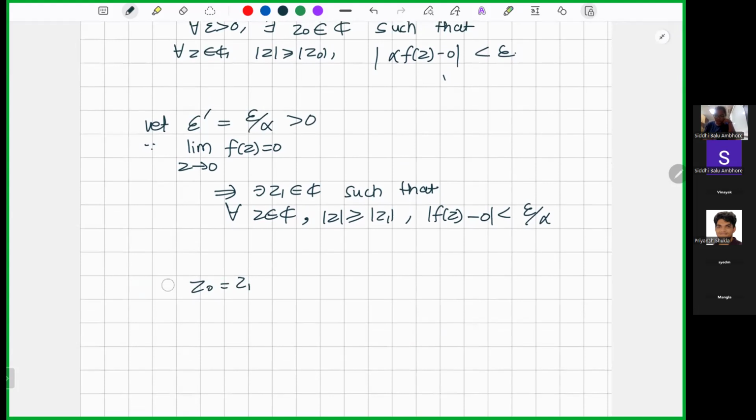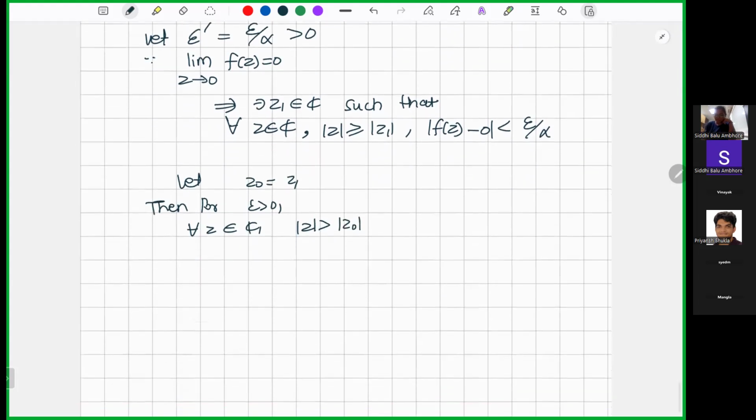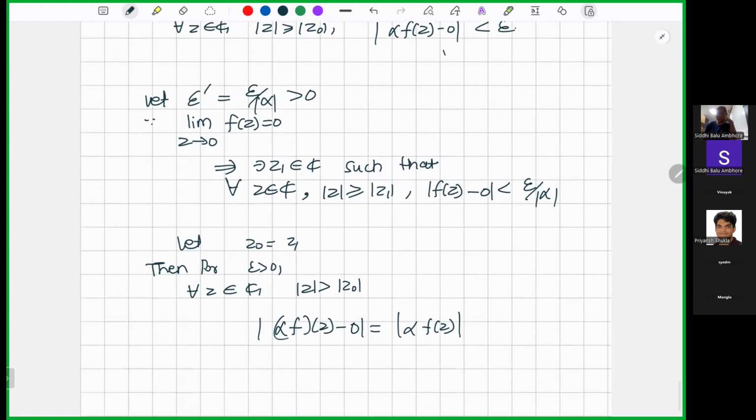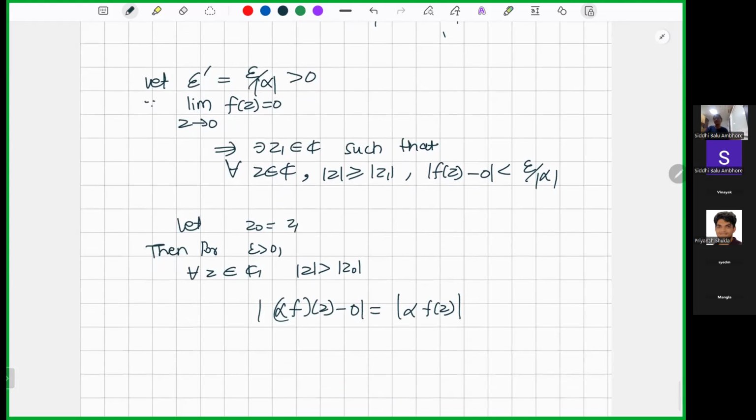for z naught equal to z1, for epsilon positive, and for all z in C with mod z greater than mod z naught, this alpha f of z minus 0 will be just mod alpha f of z, or we can take mod alpha here, because this is a complex number, and then this does not make sense.